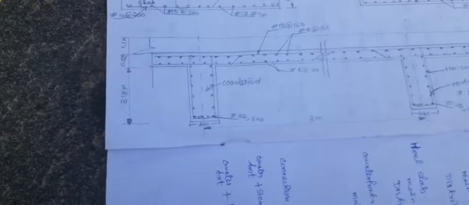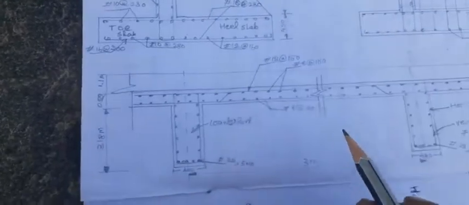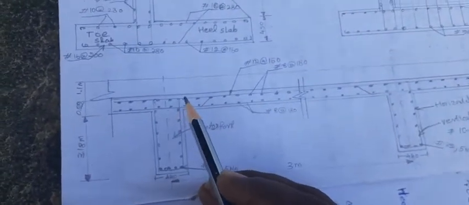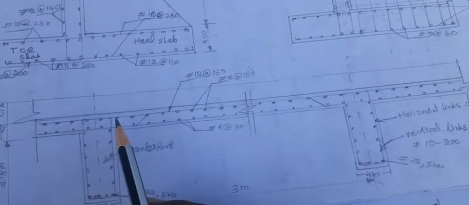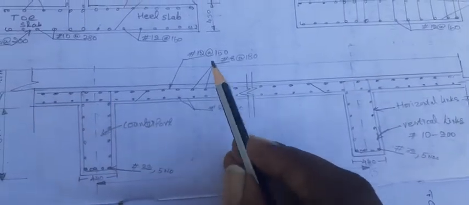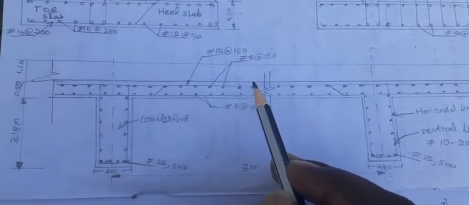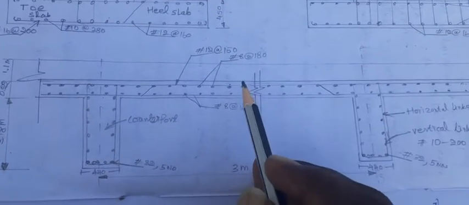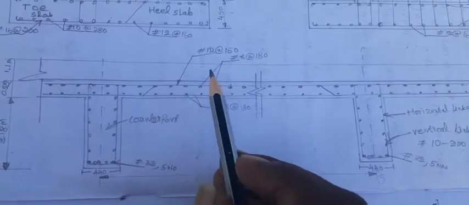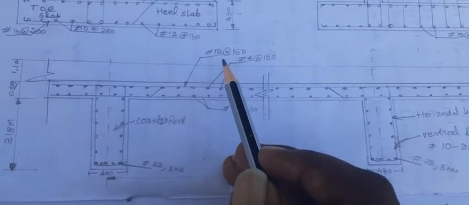First, I provide 12 mm bars at 150 mm center to center as the main reinforcement of the stem. This main reinforcement is applied at the tension face of the retaining wall. This portion is in tension. The left side, near the toe face, is the tension face of the retaining wall, so I am providing 12 mm bars at 150 mm center to center as the main reinforcement.